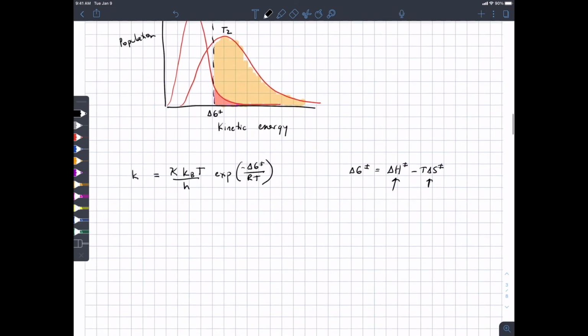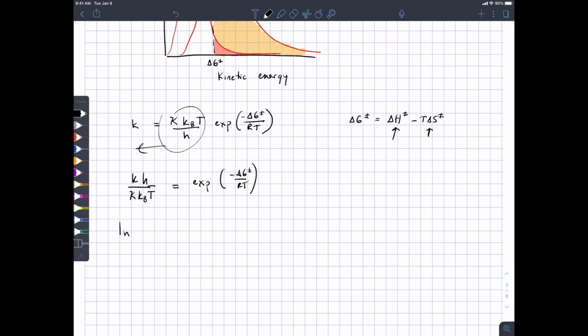So for the Eyring analysis, we're going to take all of this and put it here. So k times h over kappa times kB divided by temperature equals the exponential of minus delta G over RT.